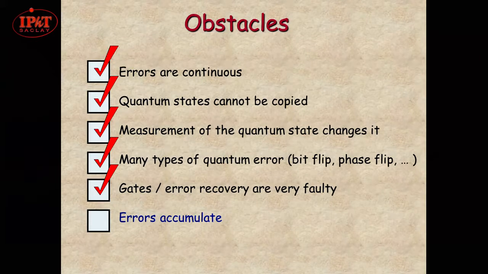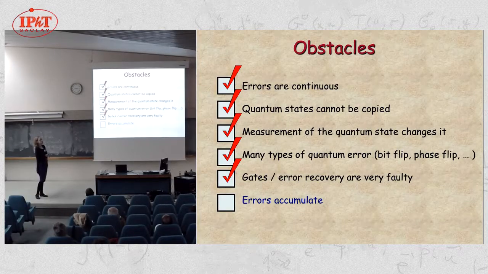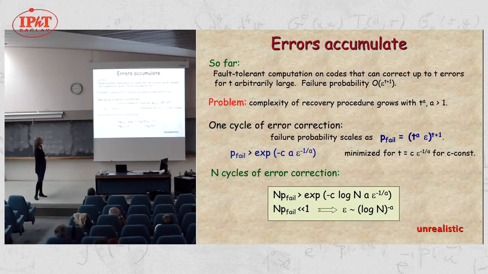There still remains one problem, namely that errors accumulate. So even if we do things fault tolerantly, we will still introduce one error every single time we do something. So we need to think about how many errors we can allow ourselves, because in the end, for some algorithm, you want to do, say, n gates, and then your error probability grows with n, and we have to somehow deal with the asymptotics.